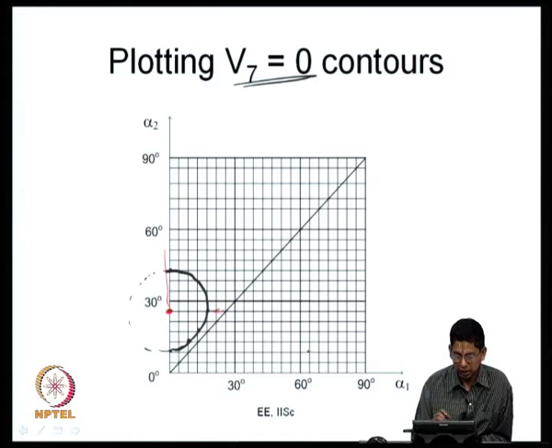So, all these curves can really be shifted. Somewhere around 51 degrees you will get that, so you may get a curve which is going around.